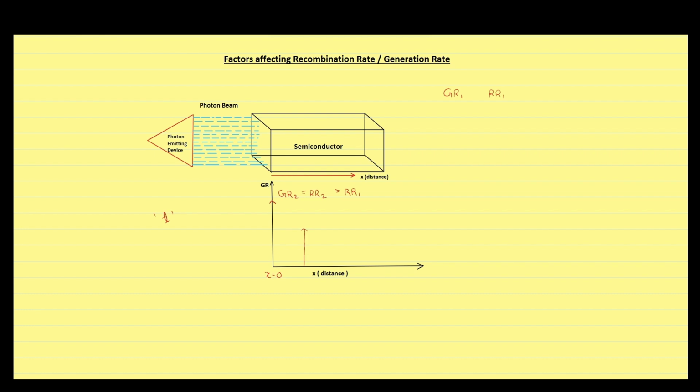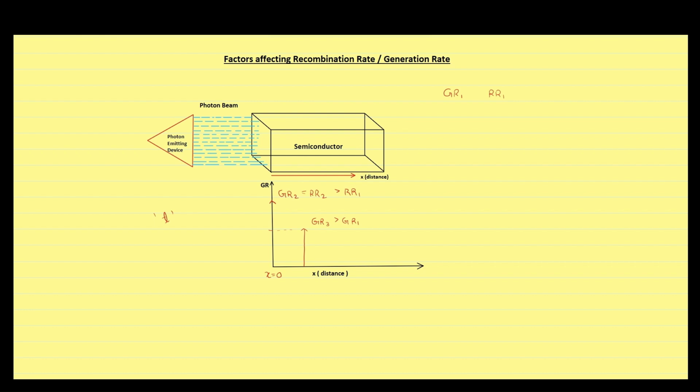Take any point such that the generation rate at this point is GR3, which is again greater than the initial generation rate of the semiconductor before applying the photon emitting device. And if we assume that the length of the semiconductor x is very long, then at the extreme right end of the semiconductor, the generation rate is nearly equal to its initial value.